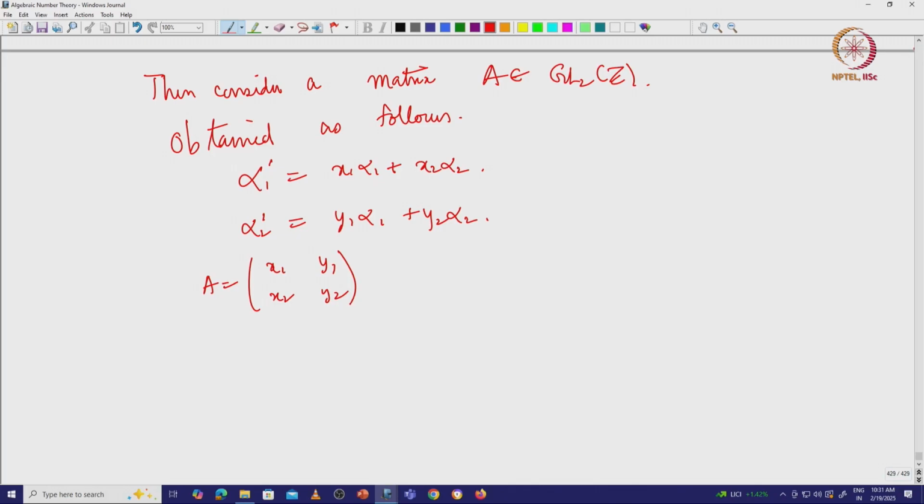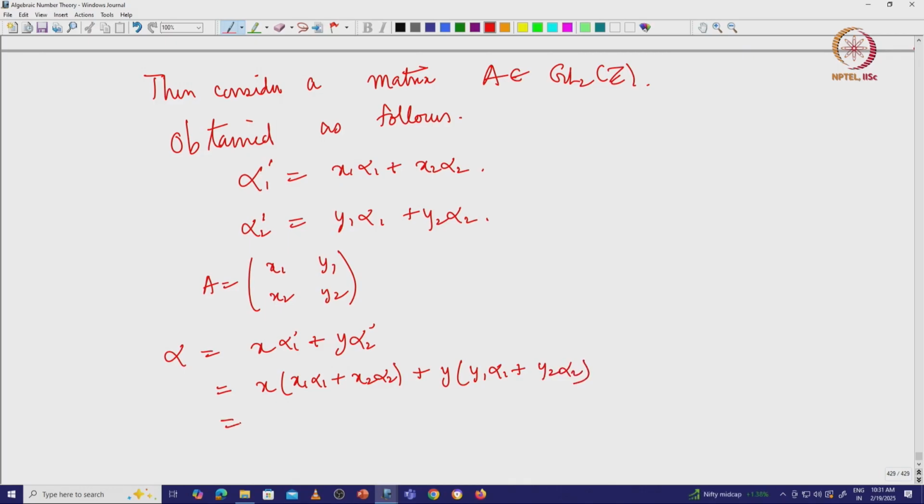Now if I take alpha as x alpha 1 prime plus y alpha 2 prime, so I am doing all these explicit computations for you now, this is x(x1 alpha 1 plus x2 alpha 2) plus y(y1 alpha 1 plus y2 alpha 2).